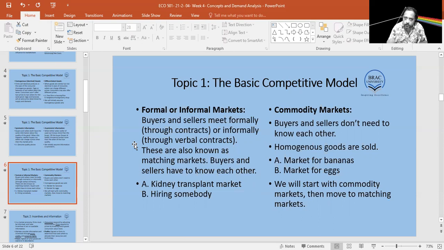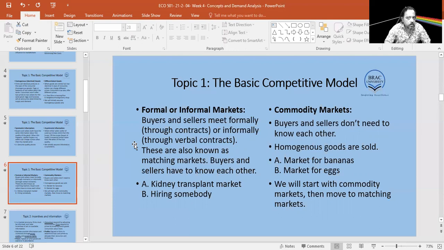I'm taking a rickshaw, and I'm not entering into a formal contract with the rickshaw puller. Usually, not always, there can be exceptions, in formal and informal markets, buyers and sellers have to know each other a little bit.